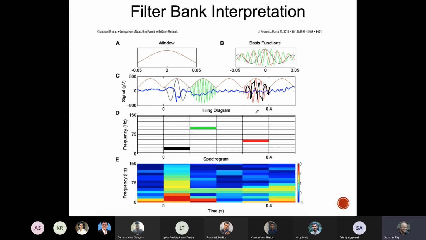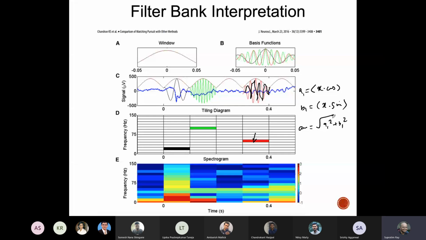Let's say the inner product with the cosine is a1, and the inner product with the sine is b1. The amplitude is just the square root of a1 squared plus b1 squared, and the phase is just tan inverse of b1 by a1.